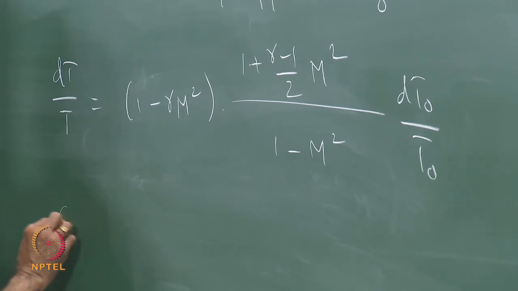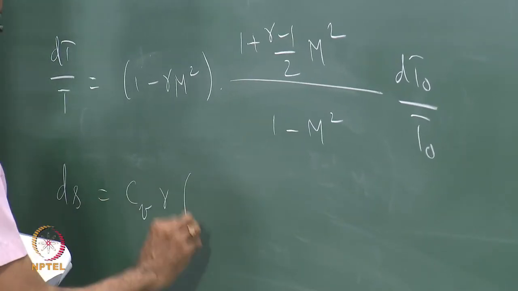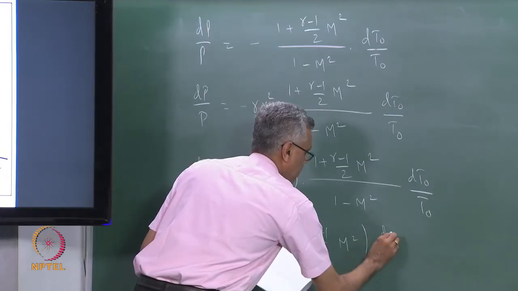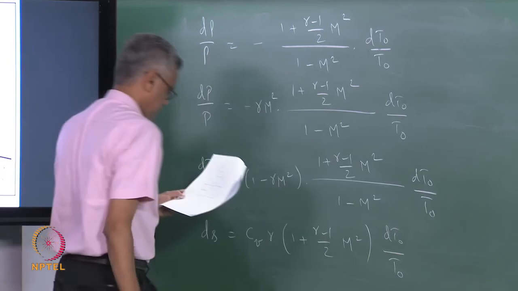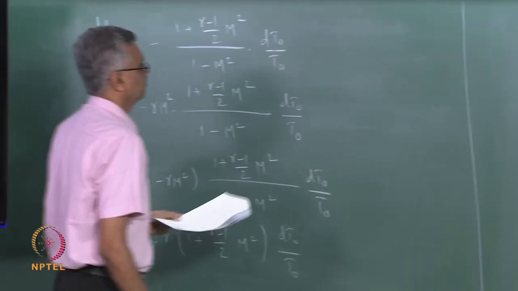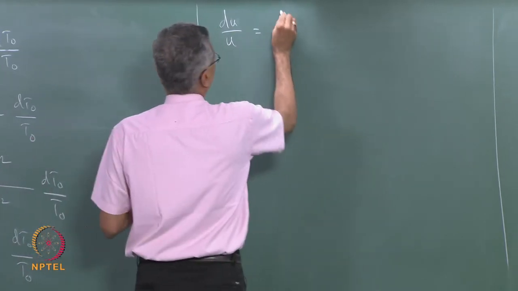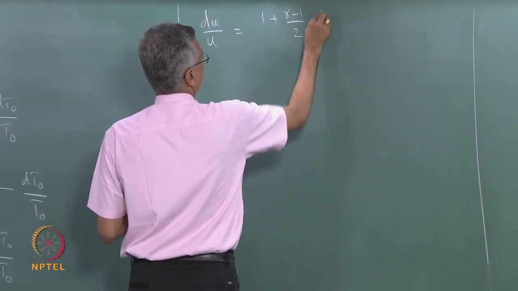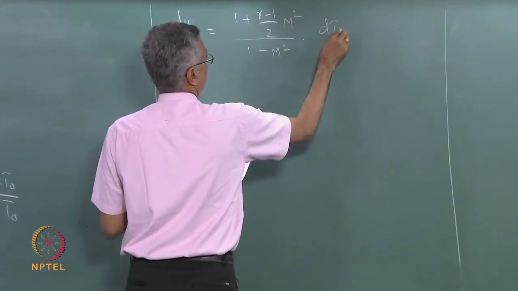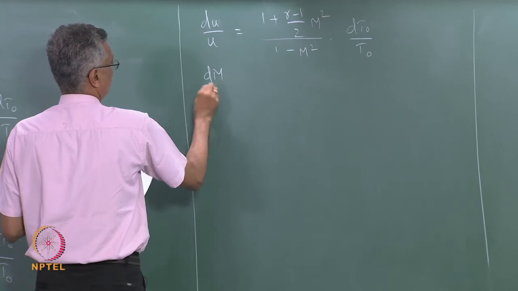Entropy change, ds equal to Cv gamma times 1 plus gamma minus 1 over 2 times M squared times dT naught over T naught, and then du over u is equal to 1 plus, and dM over M.